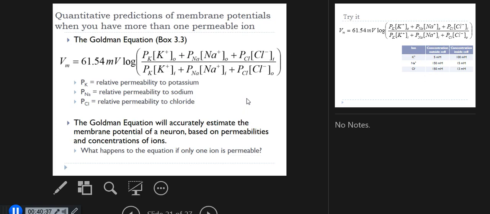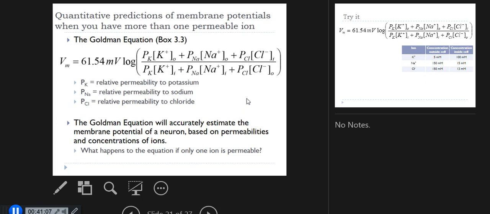So what would happen to this equation if only one ion was permeable? So if the permeability of, let's say, potassium was 1, but the permeability of sodium and chloride were both 0. You see what happens to the equation? If the permeability to sodium is 0, so no sodium ions can get across, this whole thing becomes 0, right? So we're adding 0. If permeability to chloride is 0, that becomes 0. This is 0.